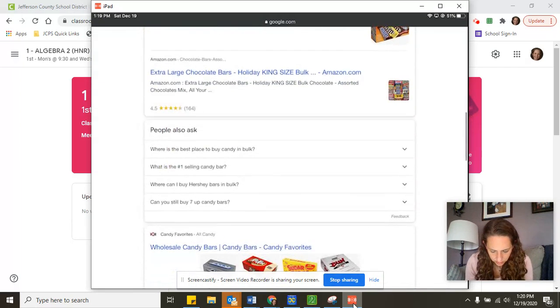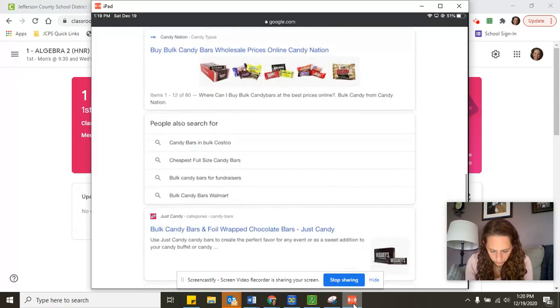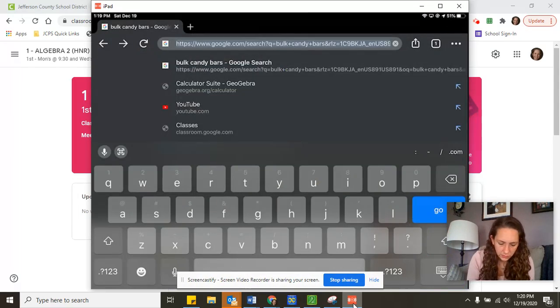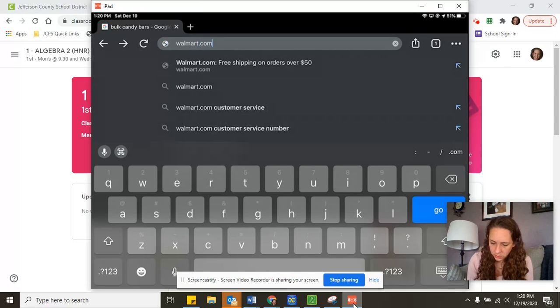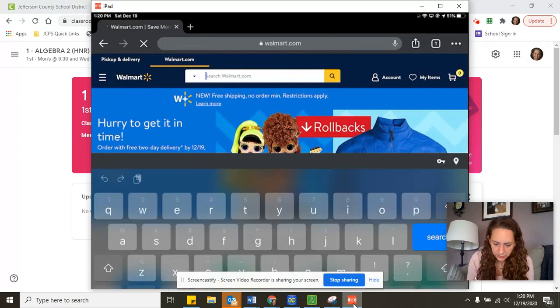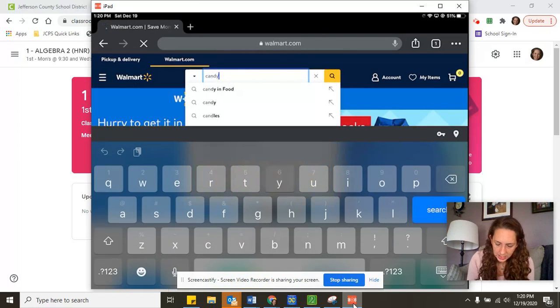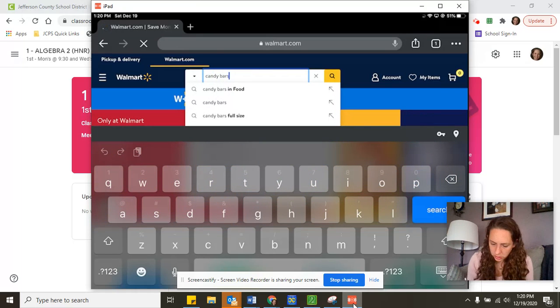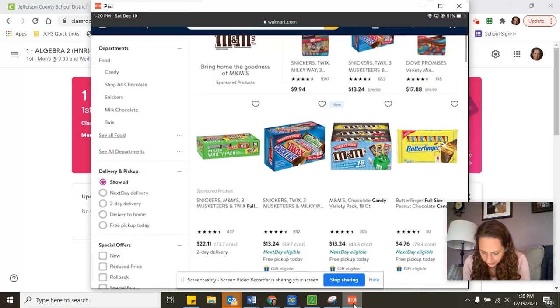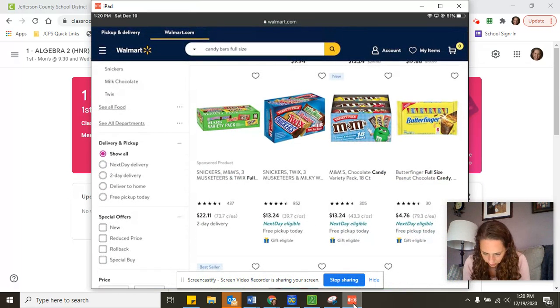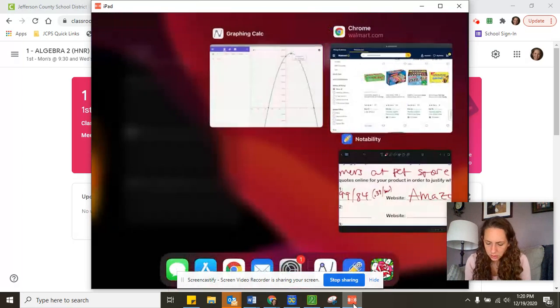I'm just going to pick places where, let's see, Walmart. I'm going to put in candy bars. Full size, for sure, obviously. And they have ones where I can buy, here we go, an 18 pack for $13.24.